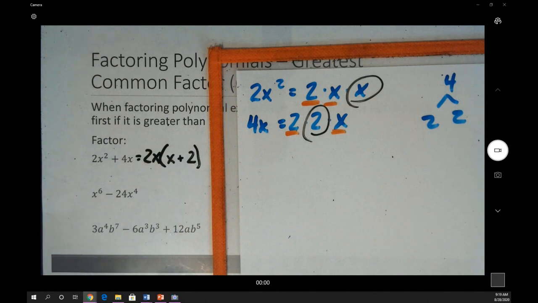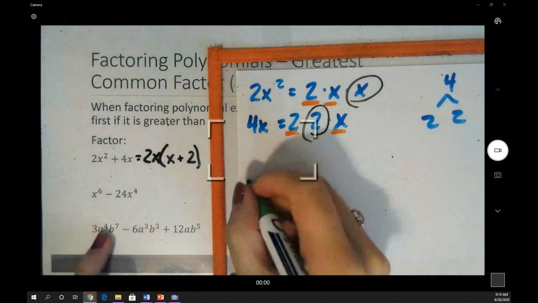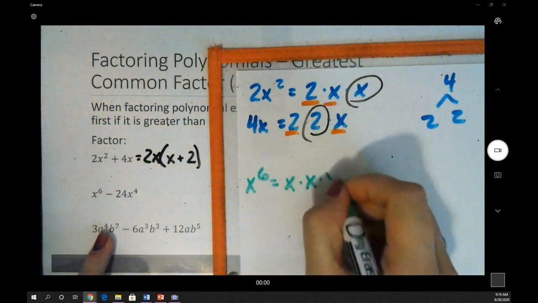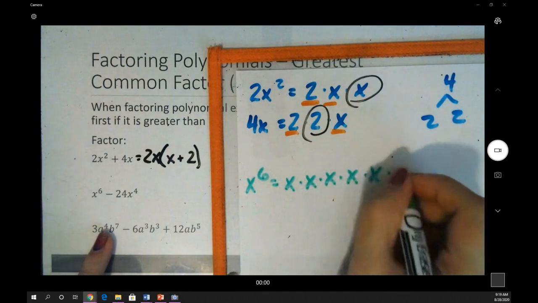Next up, we're looking at x to the 6th minus 24x to the 4th. So let's start by figuring out what all we have. x to the 6th, that's just x times x times x times x times x times x.